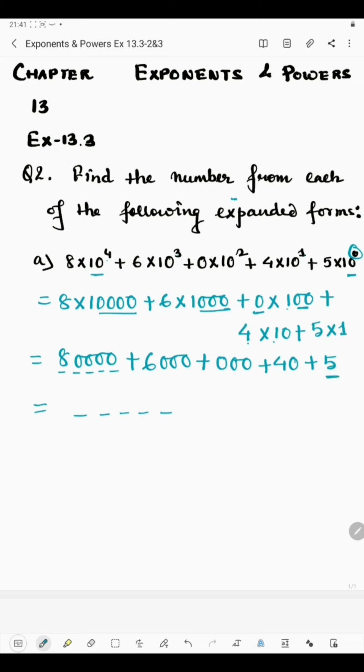See here, 5 is at the one's place, so 5 will be here. Now we have 40, so this 4 will be in the tens place. Then we have 3 zeros, so in the hundreds place we'll put 0. 6,000 is here, and then 80,000 is here, so the number will be 86,045. Okay, now coming to the next part.